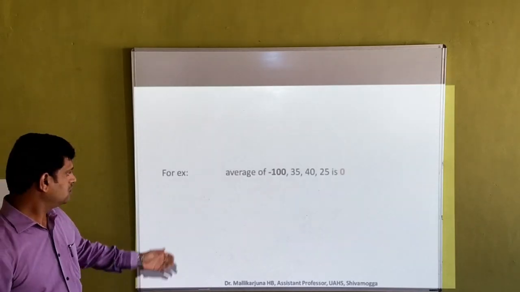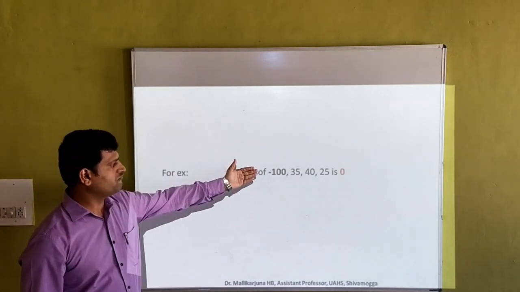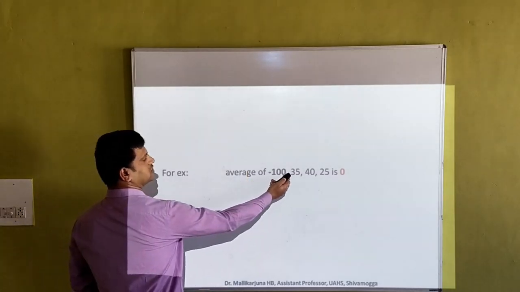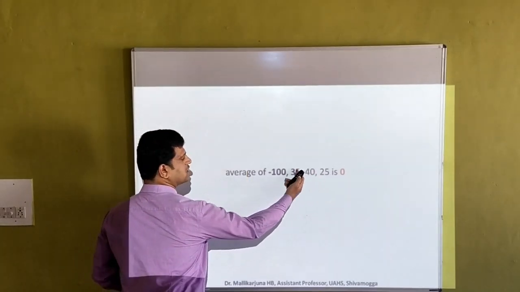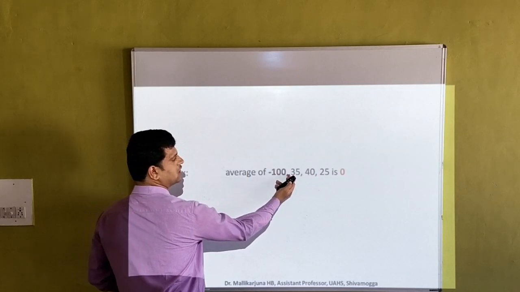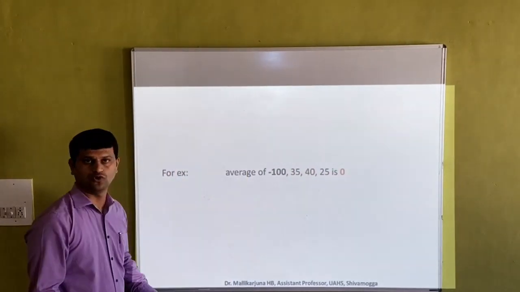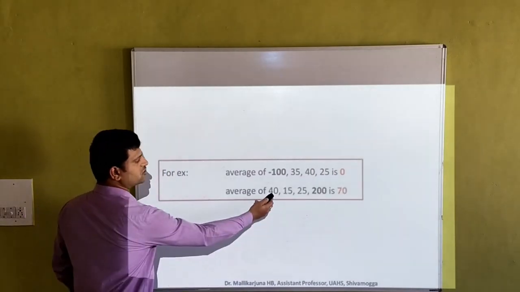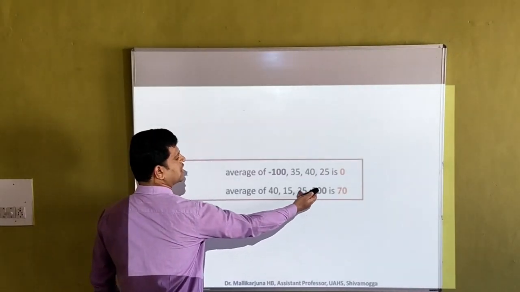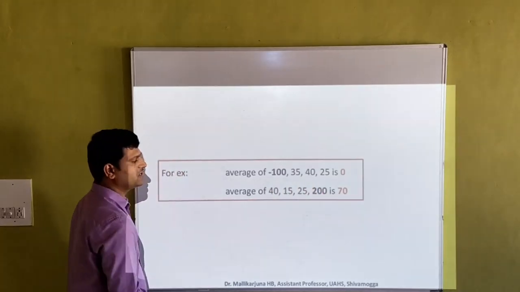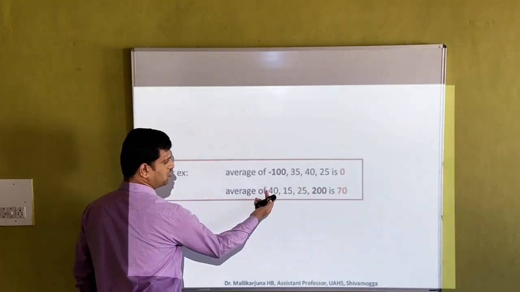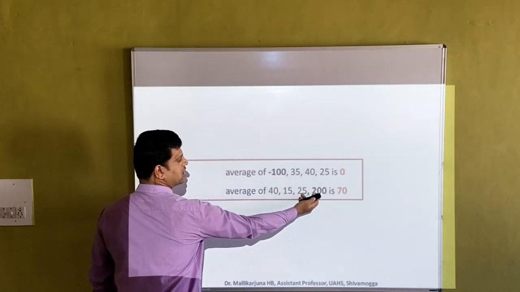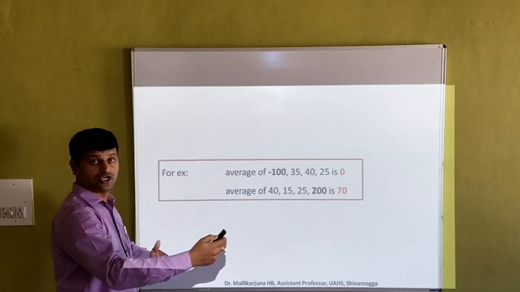Let's take an example: average of minus 100, 35, 40, 25. Here 35 plus 40 plus 25 becomes 100, and minus 100 plus 100 becomes 0. Consider another example: 40, 15, 25 and 200. The average of these 4 observations is 70 because of the value 200. Of course the average should be in the usual range, but because of one value the average has increased.